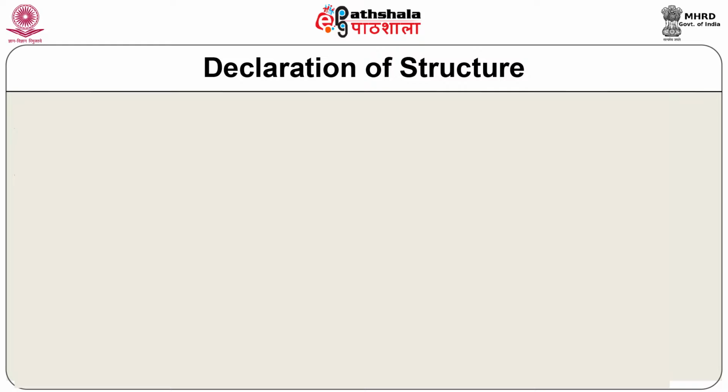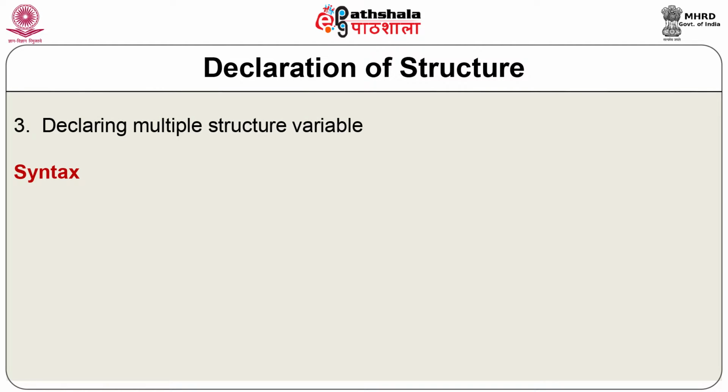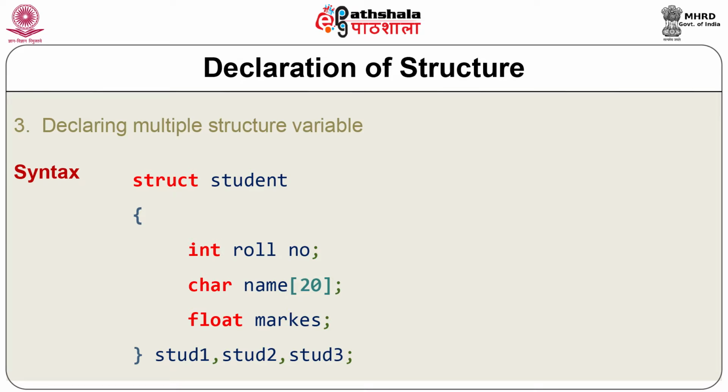Third is declaring multiple structure variables. We can declare multiple variables separated by commas directly after the closing curly bracket. Let us see the syntax. The syntax is struct student. Under the body of the structure, we are using 3 different fields: roll number, name and marks.